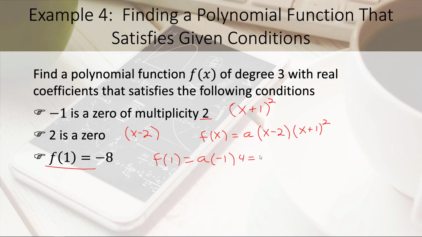And this will be equal to negative 4a, and that is going to be equal to negative 8. Okay, solving for a, we have that a is equal to positive 2. And that means that our function is going to be f of x equals 2 times x minus 2 times x plus 1 squared. And there you go. Boom, we solved example 4.